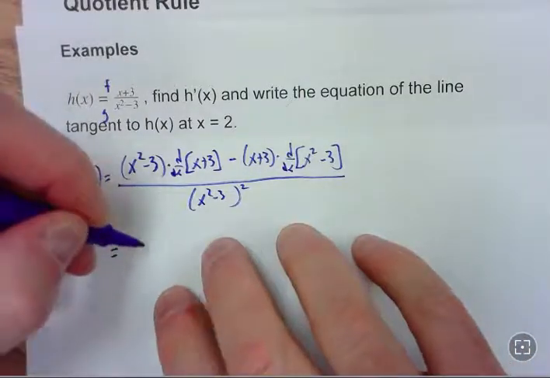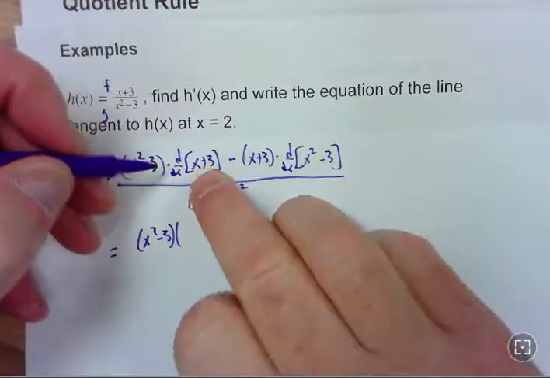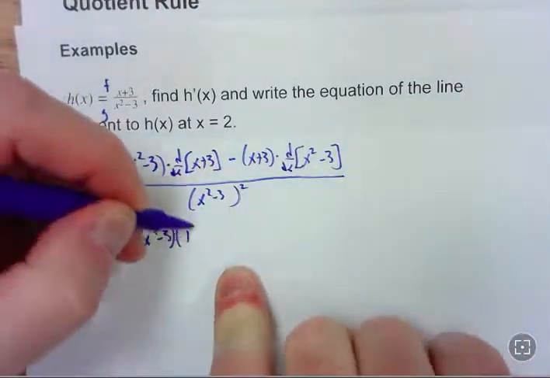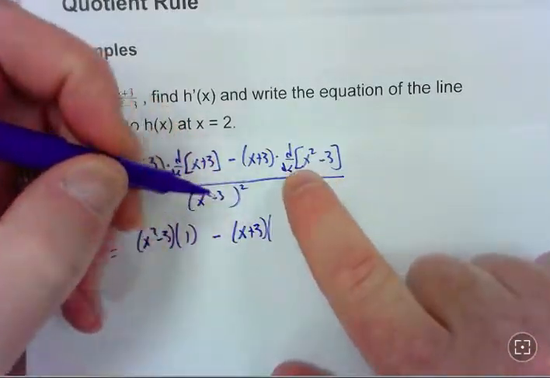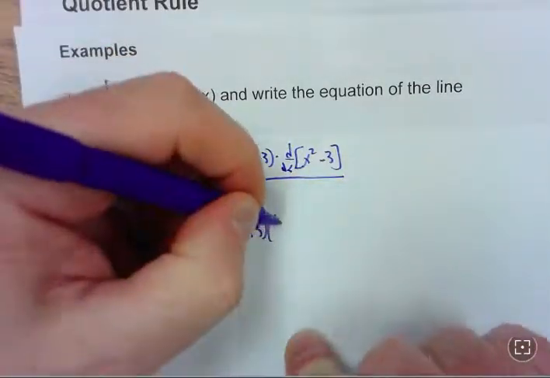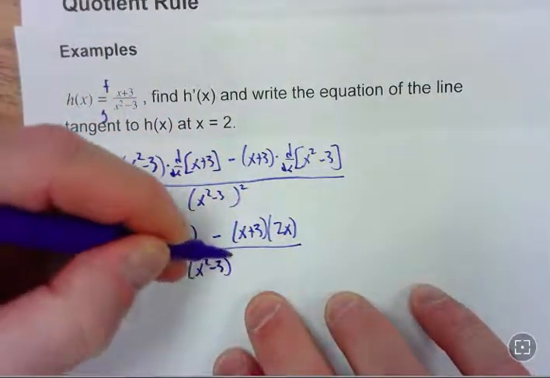Okay, so let's clean this up. This would be x squared minus 3 times, well, the derivative of x plus 3 is just 1, minus x plus 3 times the derivative of x squared minus 3, which is 2x, all over x squared minus 3 squared.